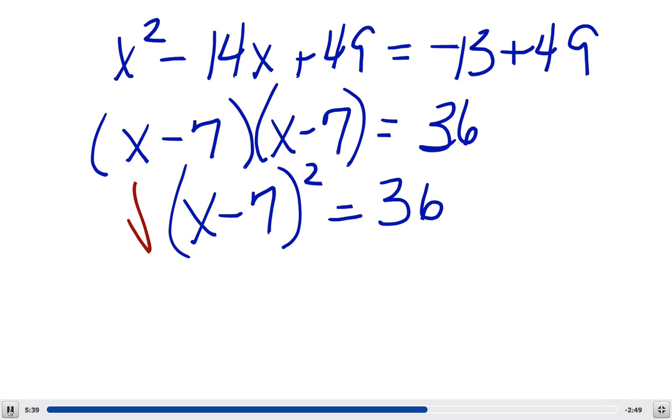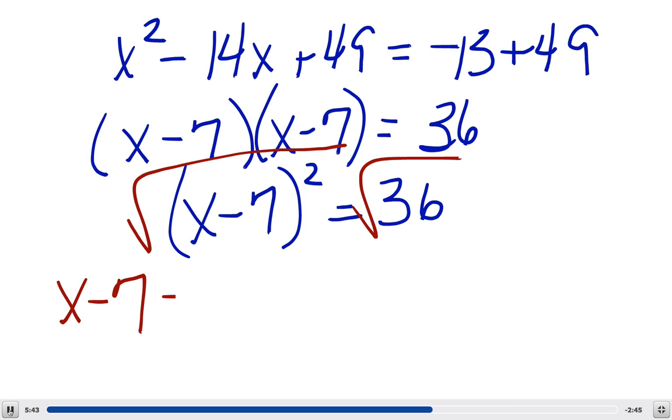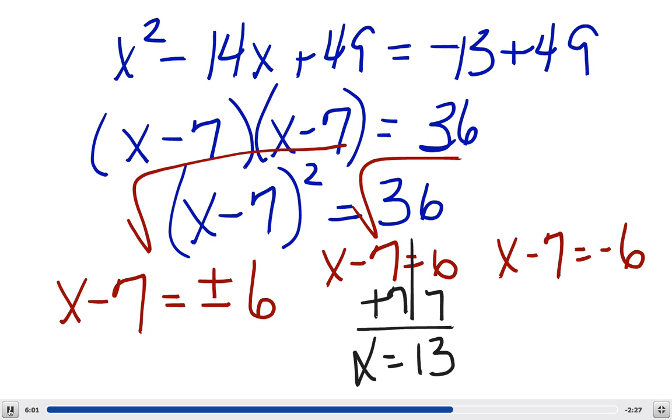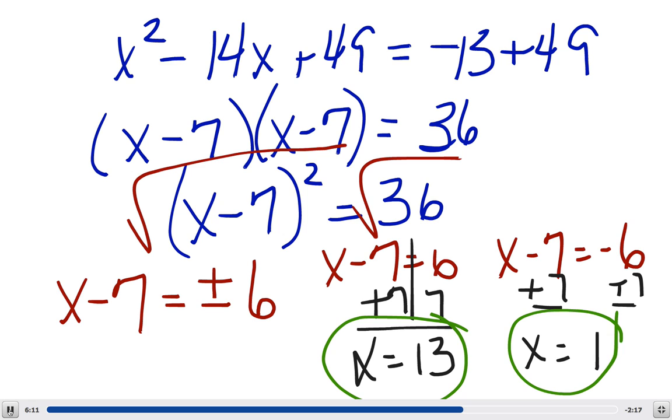Well, when I take the square root of both sides, I'm left with x minus 7 is equal to plus or minus 6. So I'm going to have x minus 7 is equal to positive 6, and x minus 7 is equal to negative 6. And now I can solve for my x values. If I add 7 to each side, I'm left with x is equal to 13. Add 7 to each side, and I find that x is equal to 1. Therefore, my two roots are going to be at 13 and 1.